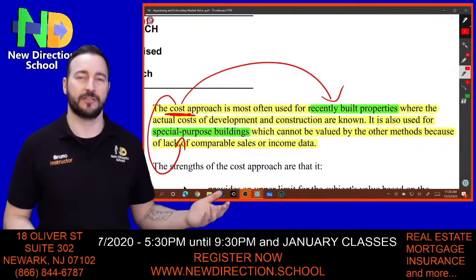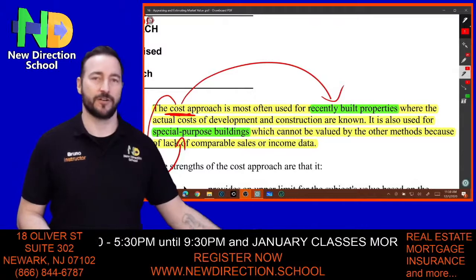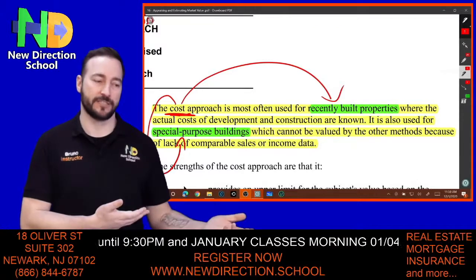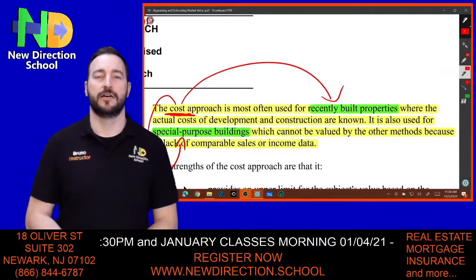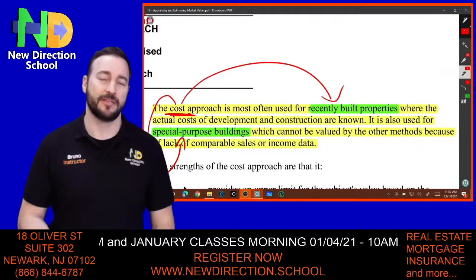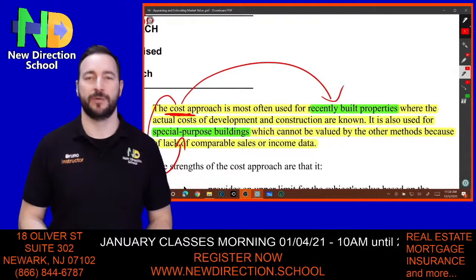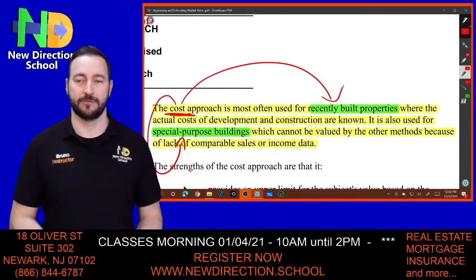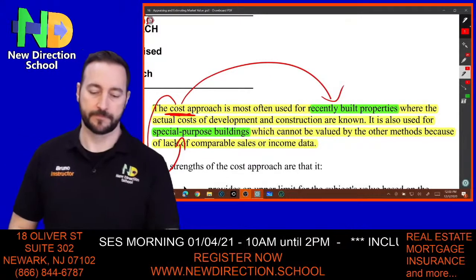The other properties were built 10 years ago, for instance, and they've been sold since, so we can use those as comparables for properties from that time. But something recently built has nothing to compare to. This is why the cost approach is more effective for newer homes.